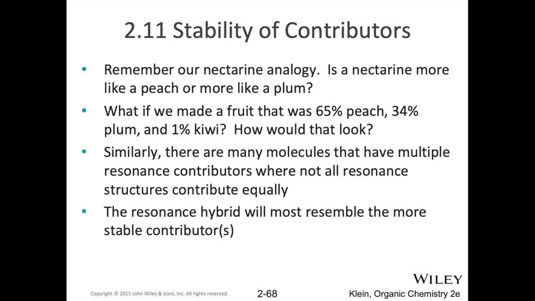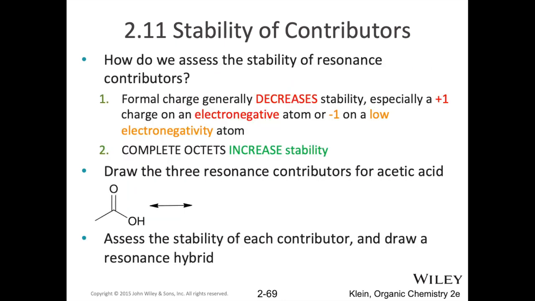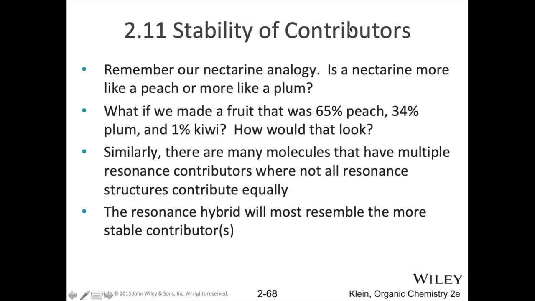So in the same way, when we look at our resonance contributors, we need to evaluate how stable these individual contributors are, and how that affects the stability of the molecule. What does the resonance hybrid of that molecule look like? Generally speaking, if I go back to that analogy, this fruit that's kind of weird, since it's got mostly peach characteristics, is going to look more like a peach than the other things.